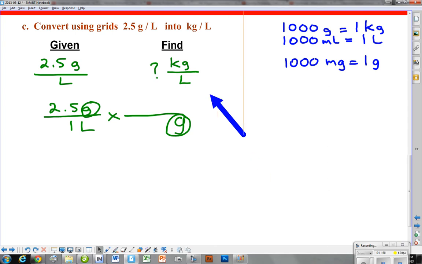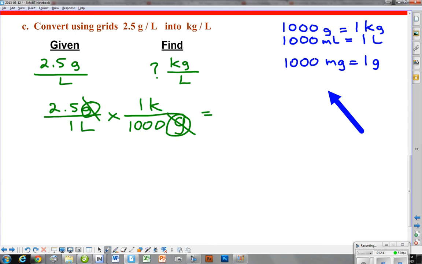Now this is confusing to a lot of students, but understand the one on the bottom is the same, so you don't even need to worry about it. Just know that it's going to have a 1 next to it. Okay, so the number to get grams into kilograms. Aha, there we go. It's a one-stepper again. So the number next to grams is 1,000. And the number on top will be 1 kilogram. And now you can see the grams are out of here, the liters are not, and the kilograms are not.